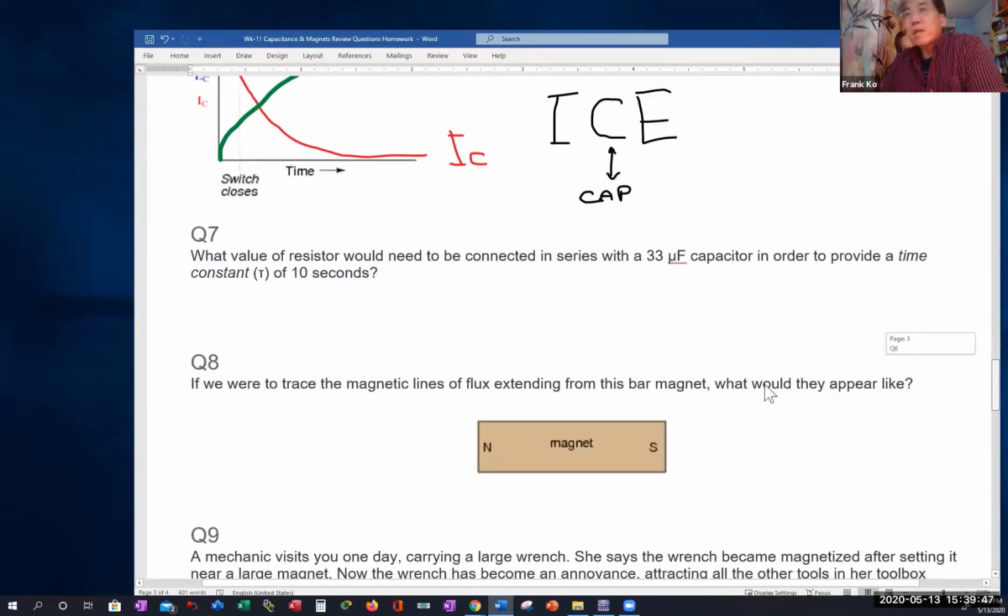Okay, number 7. What is the value of resistor that is needed to be connected in series with a 33 microfarad capacitor to provide a time constant T of 10 seconds?